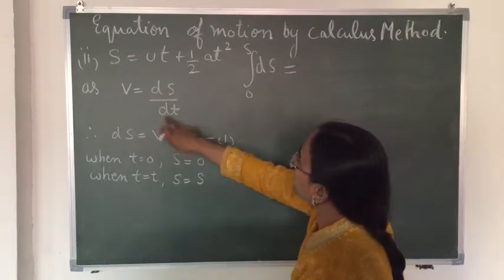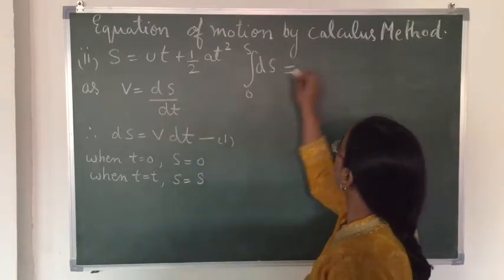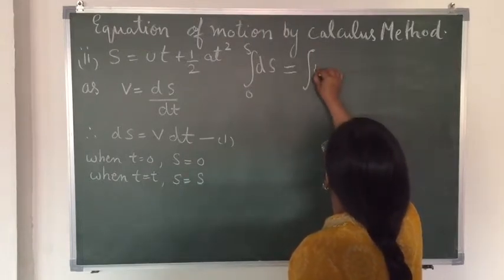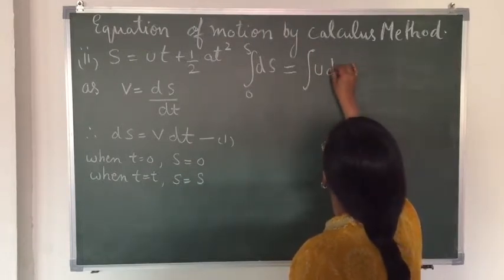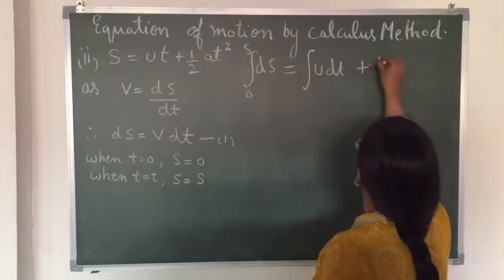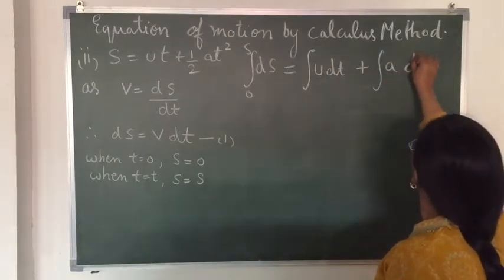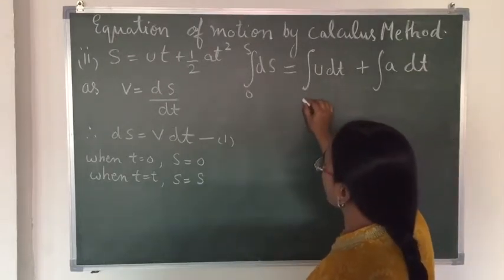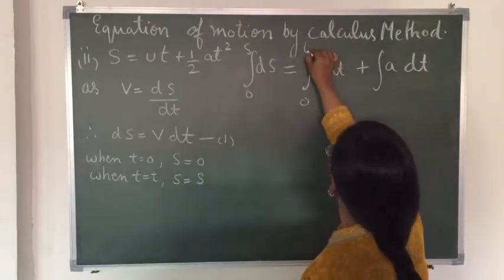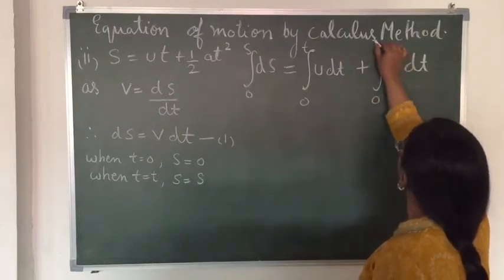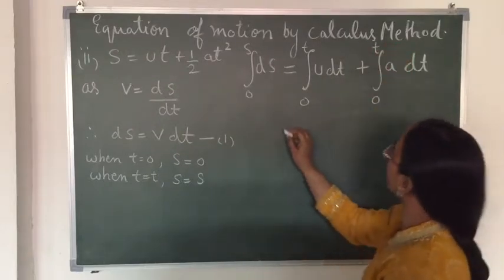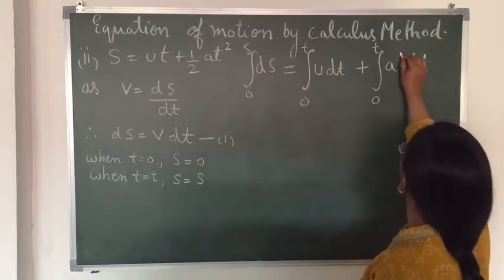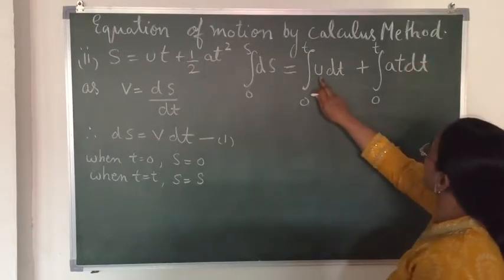v can be written as u + at from the first equation of motion. Therefore, v = u + at.